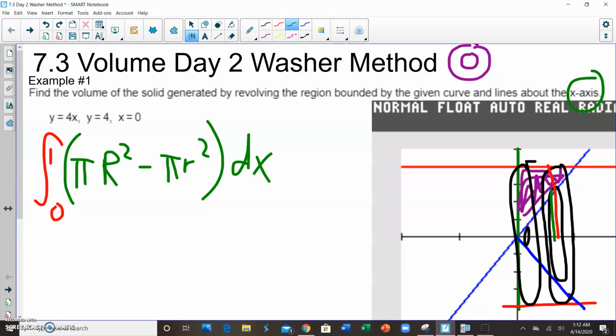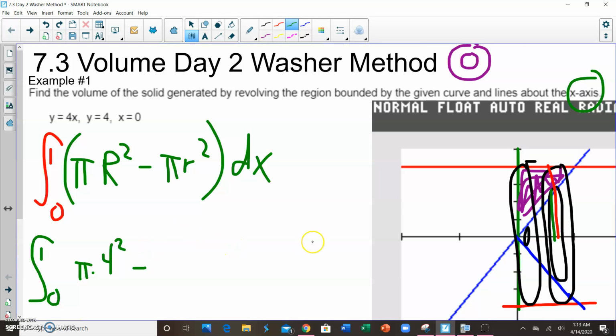So we need to figure out the outside radius and the inside radius. No matter which washer you look at, whether you look at this washer or this washer, what do you notice the outside radius is? It's always 1, 2, 3, 4. The outside radius is always 4. So my setup is going to be the integration from 0 to 1 of pi times 4 squared minus, now I need to do my inside radius.